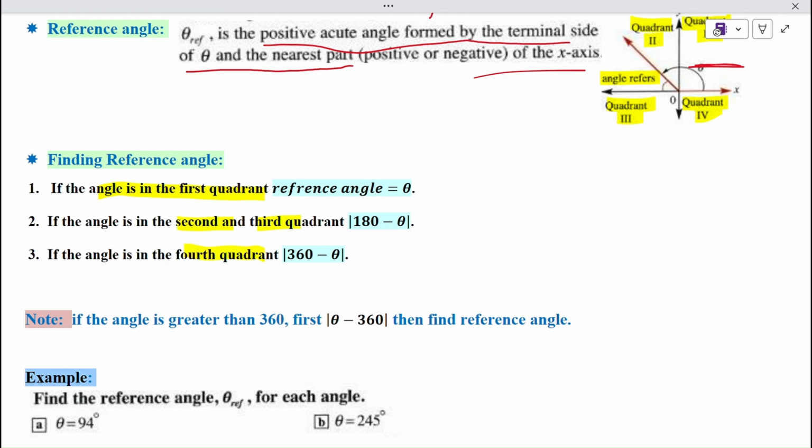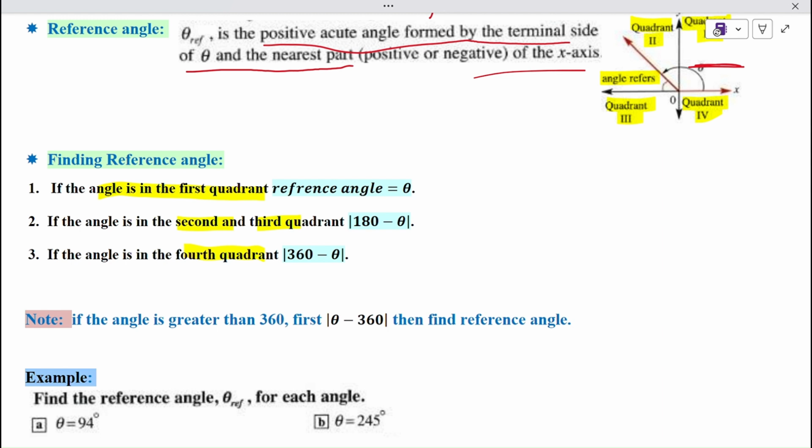Why absolute value? Because in the third quadrant, maybe we have a negative angle, so we will use absolute value, because the reference angle, don't forget please, is always positive. So it is the absolute value of 180 minus theta. What about the fourth quadrant? Of course, maybe we have a negative angle, so we will use absolute value again: the absolute value of 360 minus theta.